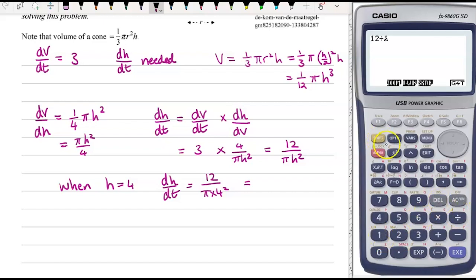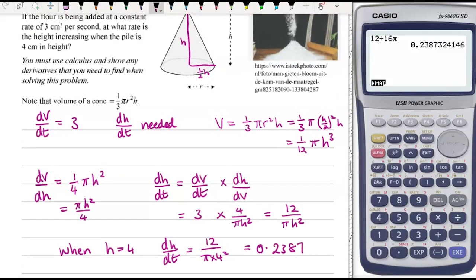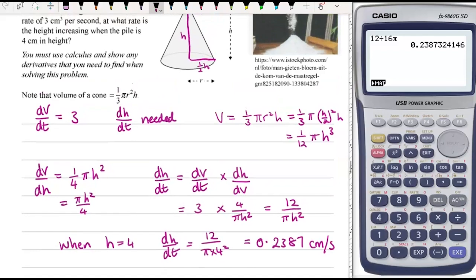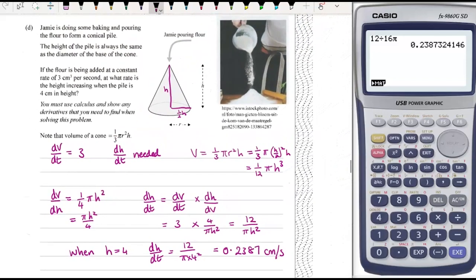That's 12 divided by 16 pi, 0.2387, or 0.239. We're measuring that in centimeters and seconds, so it'll be centimeters per second, although the units aren't required for you to get the mark here.